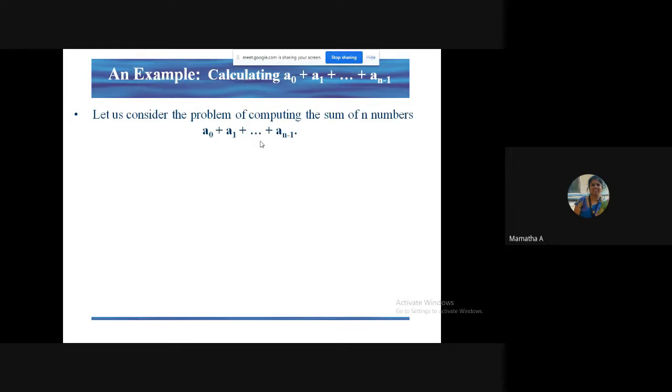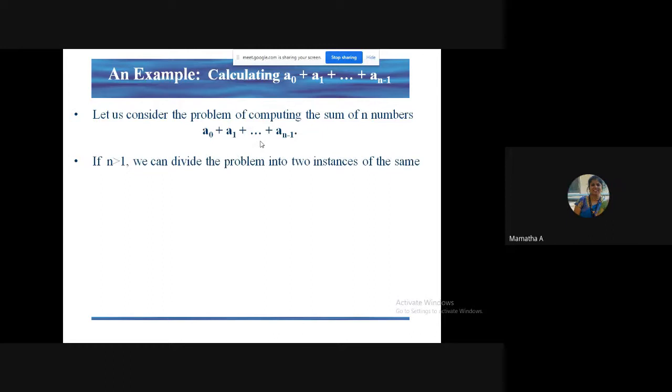What approach will you follow? You will divide the problem into how many subproblems, students? Quickly. Two subproblems, ma'am. Okay. So each of size, as the number of elements is n, each of size what? N by 2, isn't it?